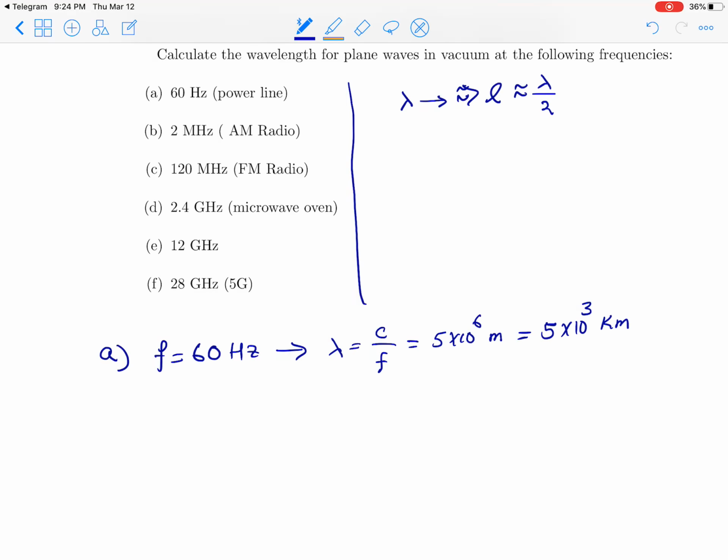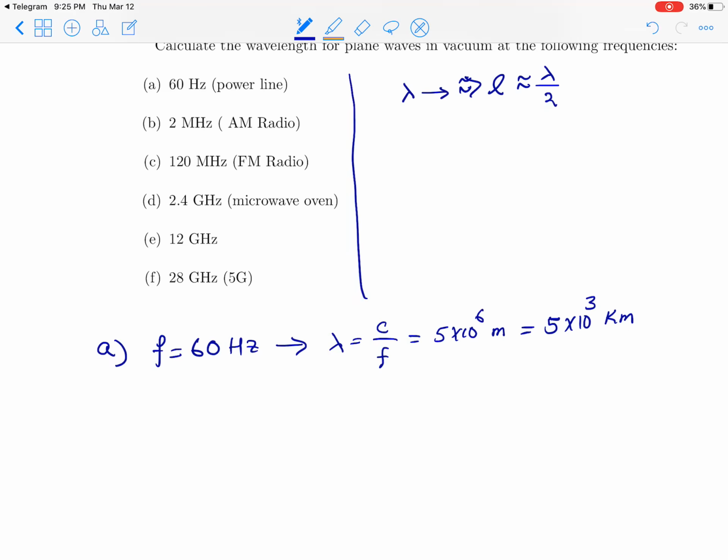So imagine that we have an antenna that's half of that: 2,500 kilometers. That's one reason why we don't transmit power wirelessly.